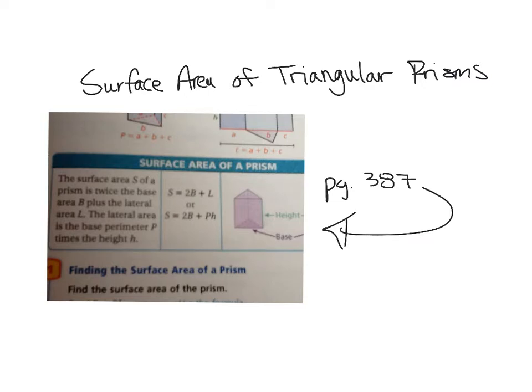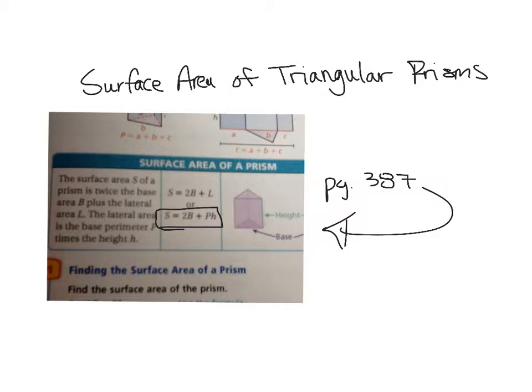Okay, today we're learning surface area of triangular prisms, which is a little difficult, so we'll spend a few days in class on this. What this says is, we are looking at specifically this formula here when we're working with triangular prisms.